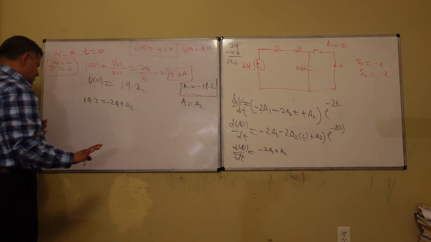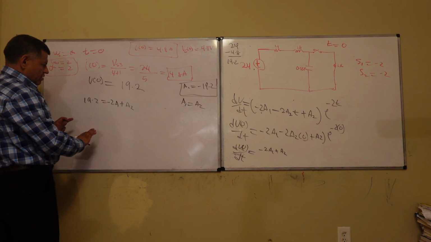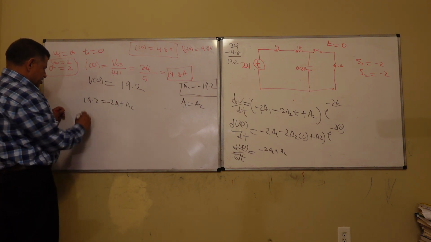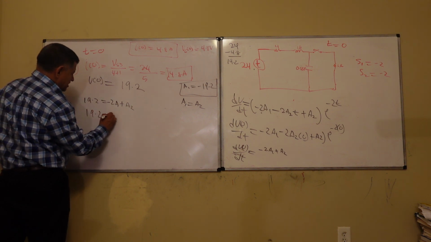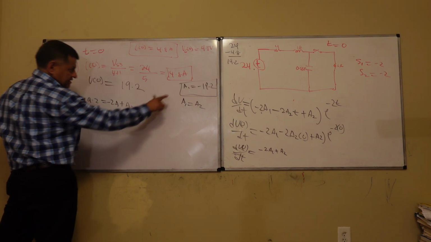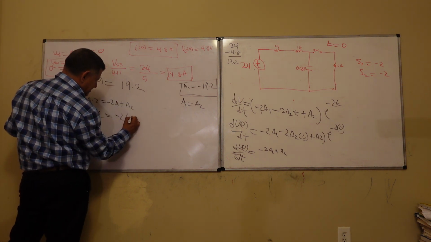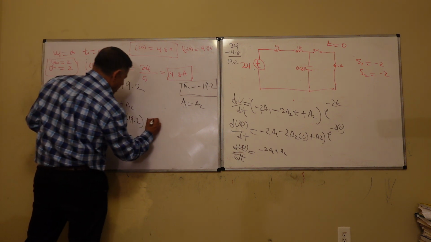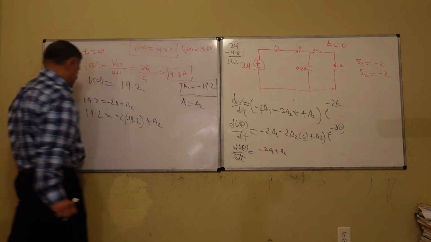We know that. Now let's do the mathematics and see what is going on here. So we have 19.2 is equal to negative 2 times the negative 19.2 plus a2.